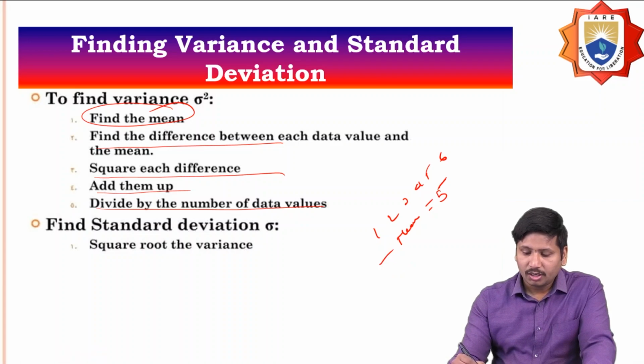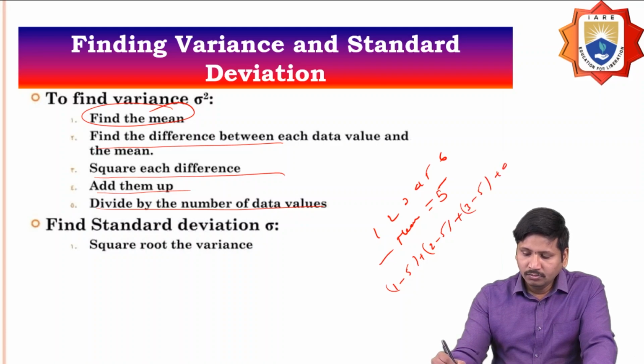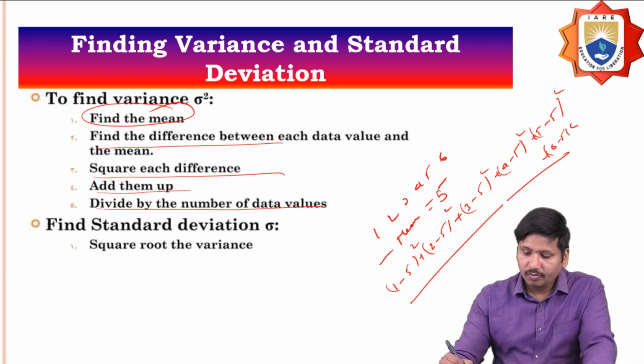So x1 value minus mean value, x2 value minus mean value, and 6 minus 5 whole square, divided by n. Like this, we calculate this.